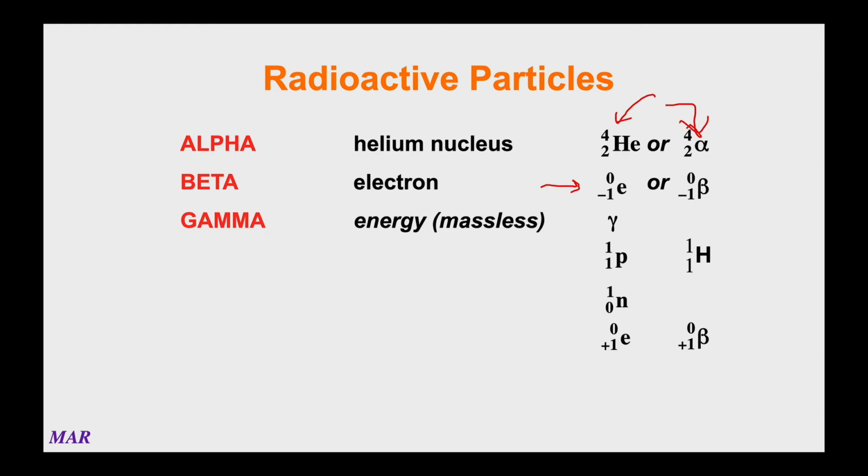Now, in addition to all of these, once in a while, we're going to talk about protons in this section. And a proton can be listed as 1,1 p, like the example on the left. And again, that makes sense. Lower left-hand number of protons, which of course is 1. Upper left-hand number, protons plus neutrons, which of course 1 plus 0 is 1, no problem.